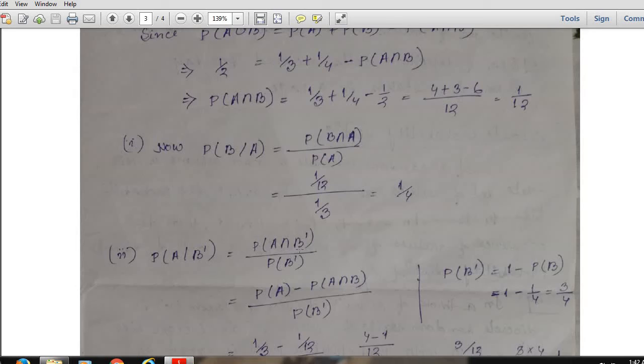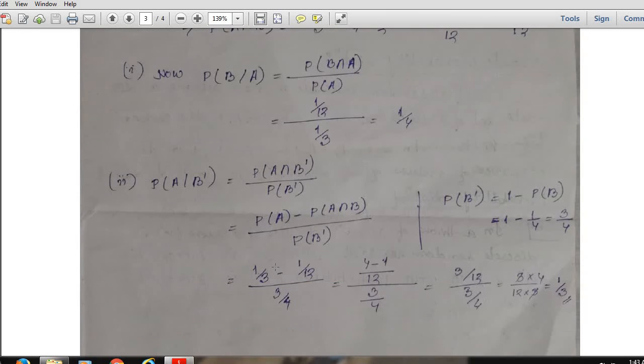Using the properties of set theory, we have probability of A intersection B dash equals probability of A minus probability of A intersection B, divided by probability of B dash, and probability of B dash is 1 minus probability of B, which is 3 by 4. After calculating, we get probability of A given B dash is 1 by 3.